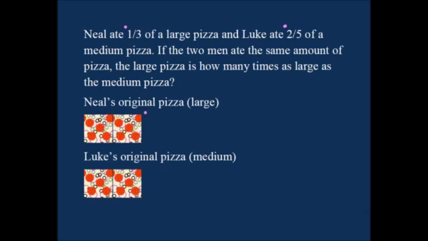So Neil had this much pizza and Luke had this much pizza. Luke's slices came from a medium pizza and Neil's slices came from a large pizza. Now according to the question, Neil ate 1/3 of a large pizza, so this has to be 1/3.